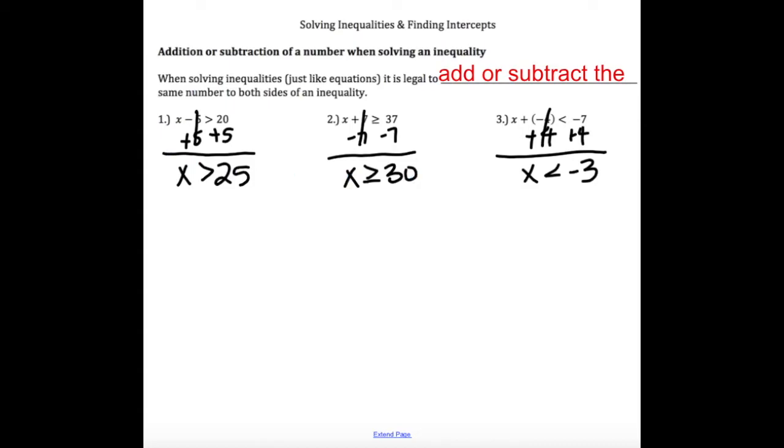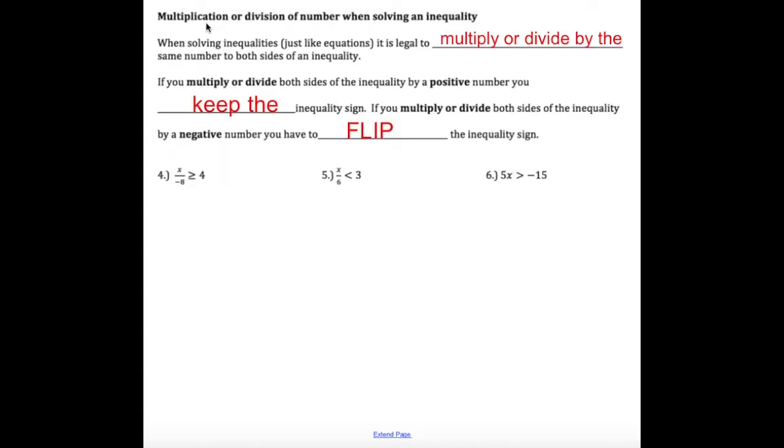Next, if we have multiplication or division when we're solving an inequality. When solving inequalities, just like equations, it is legal to multiply or divide by the same number on both sides of the inequality.